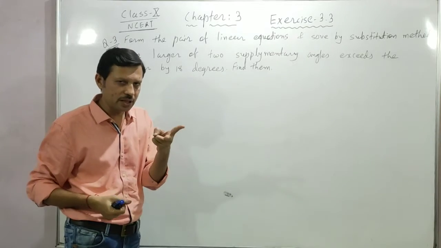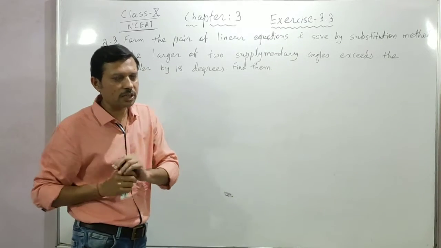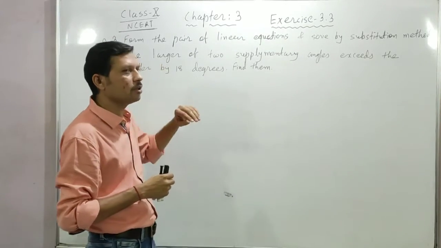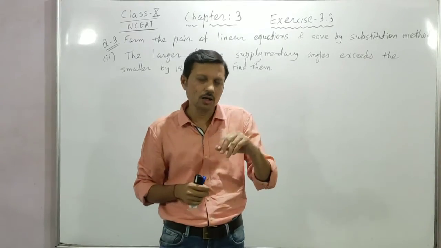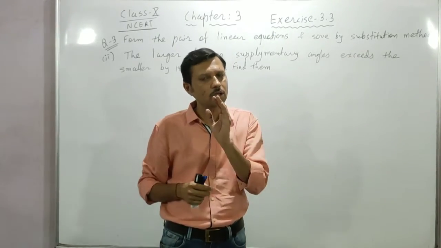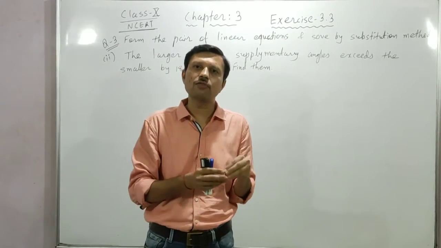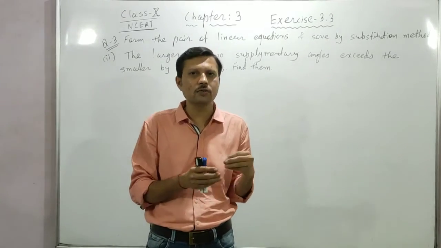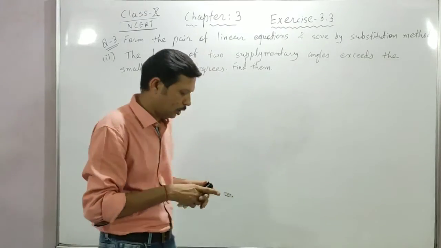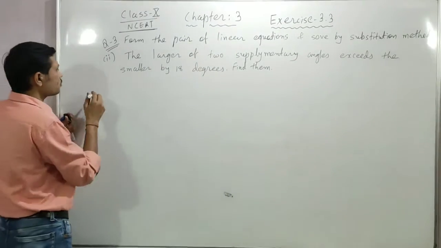We have the two supplementary angles, so from that we can get one equation, and the second comparison between the larger angle and the smaller angle gives us another equation. But before that we need the two angles, so we will assume unknown angles as variables x and y. Okay, so let's start.